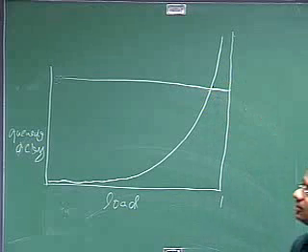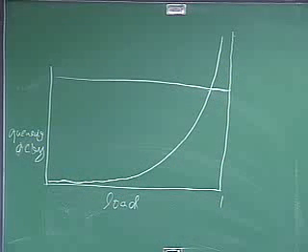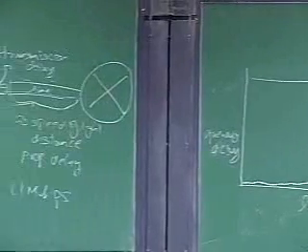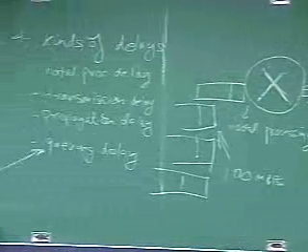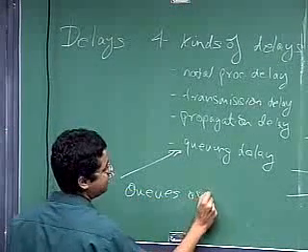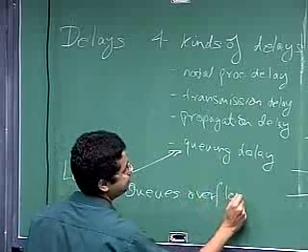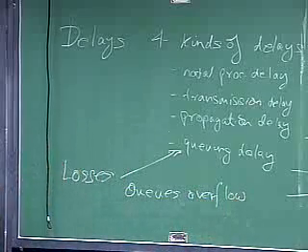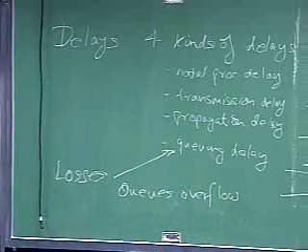So most of the losses on wired networks happen because of queuing. This is the source of losses. Queues overflow, and that causes packet losses.